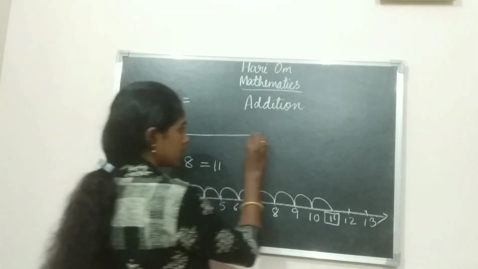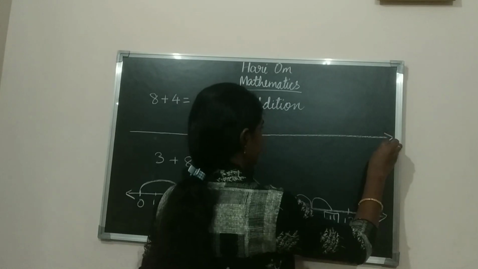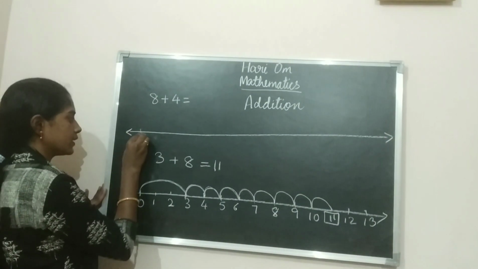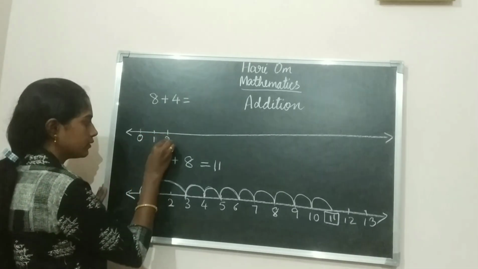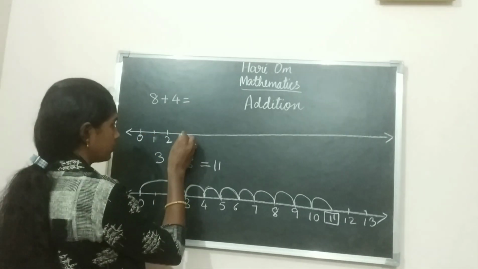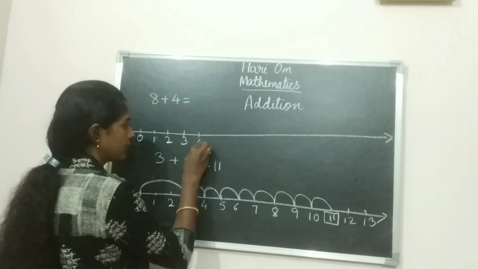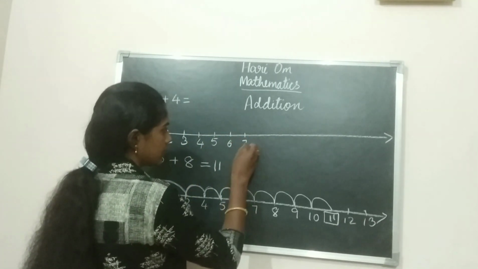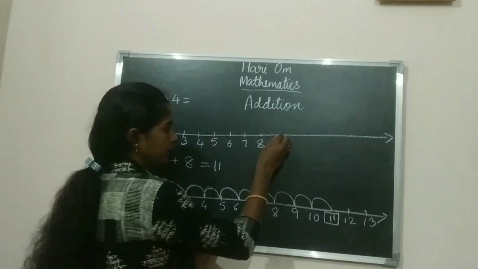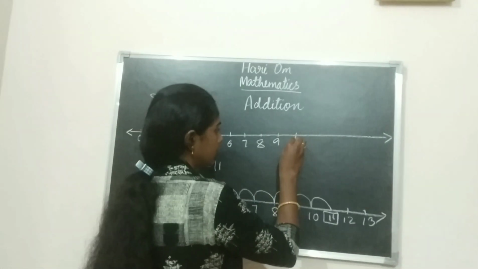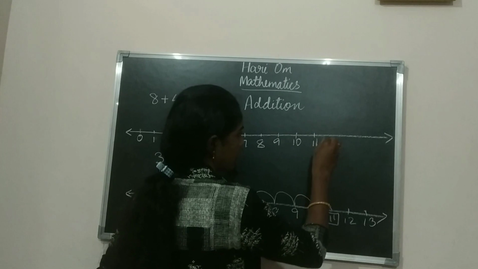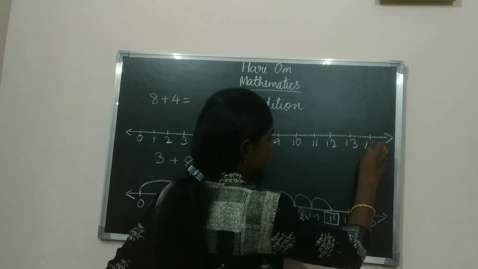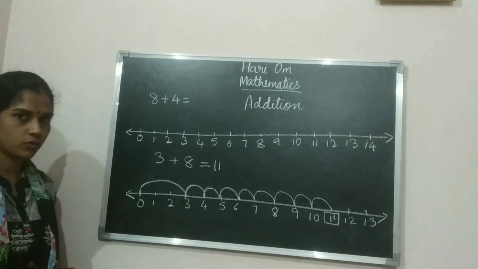So on the number line, we are going to begin from 0, 1, 2, 3, 4, 5, 6, 7, 8, 9, 10, 11, 12, 13 and 14.